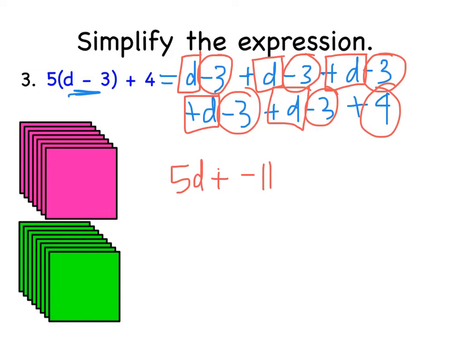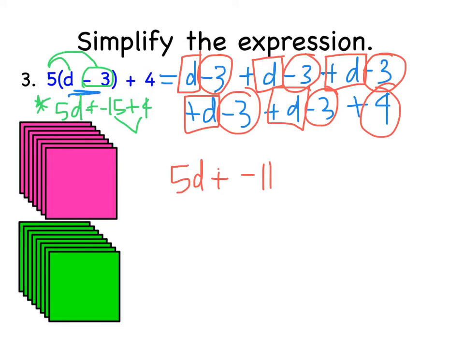Now let's look at a quicker way of getting this same result. I can do 5 times d, so I'm starting back here with the original problem. 5 times d gives me 5d. 5 times -3 gives me -15, and then I have that plus 4.